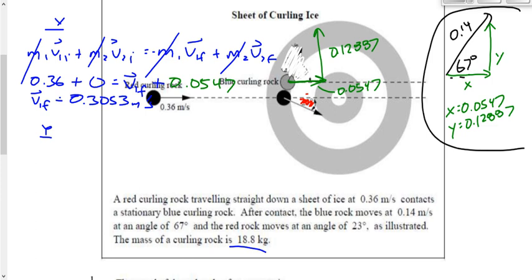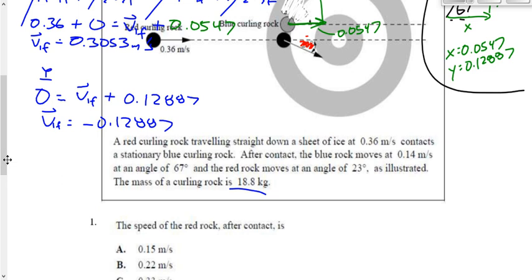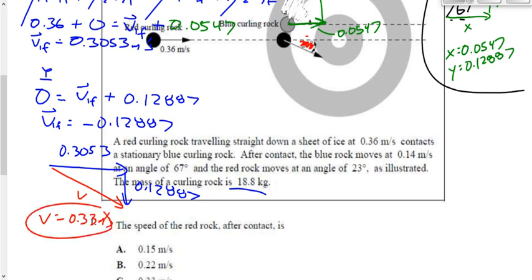What's the initial y-axis? 0, because it's all this way, right? The masses cancel again. V1F plus 0.12887 for the y. And then we combine them, right? V works out to be 0.33 meters per second. And the answer is C.